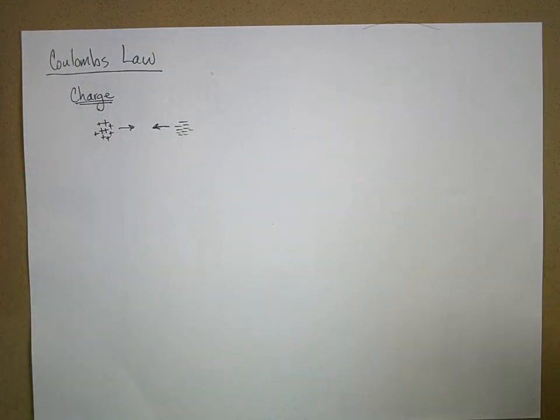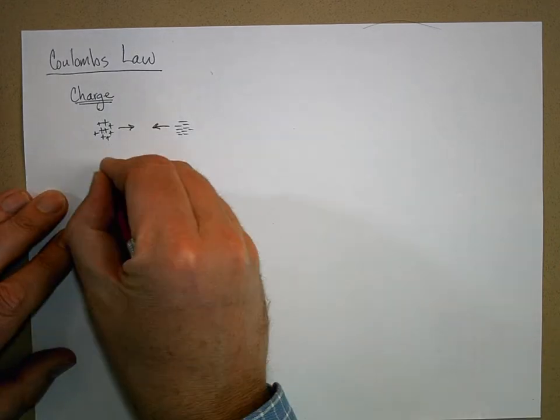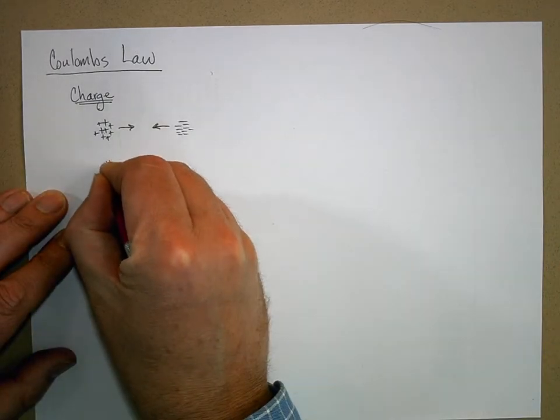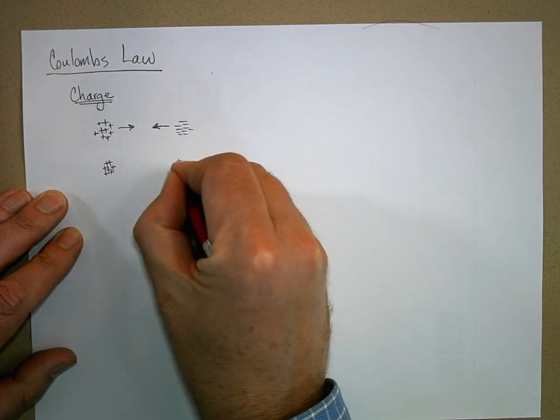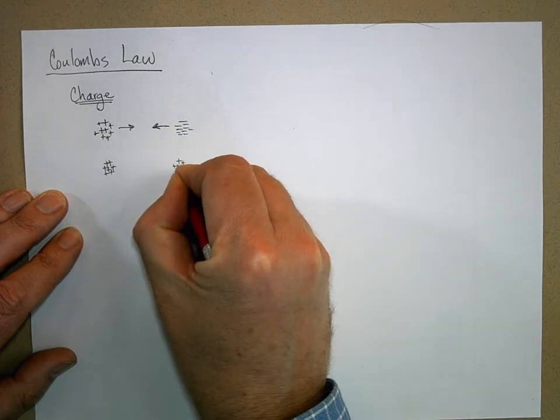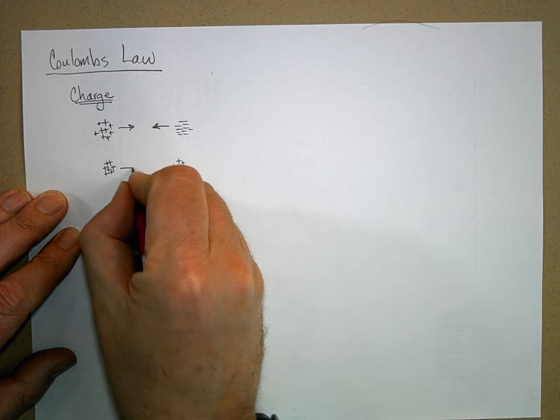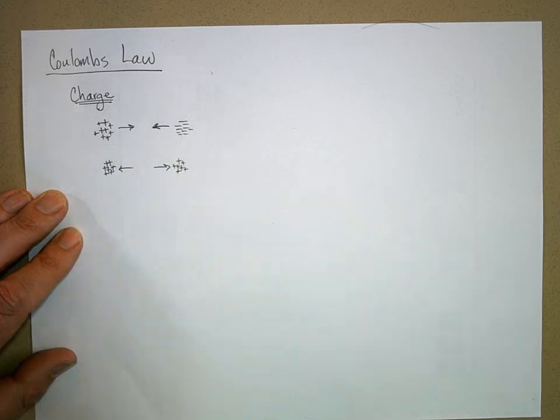And it kind of made sense in his time. And then, of course, if you have a positively charged object and another positively charged object, they push each other away. They repel.